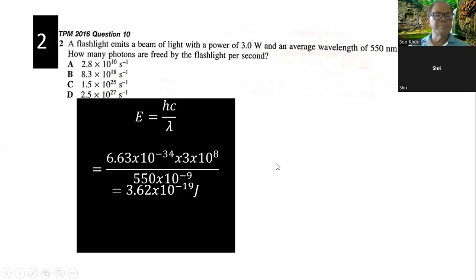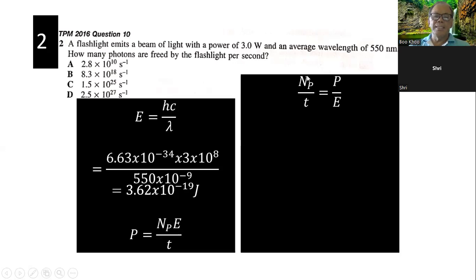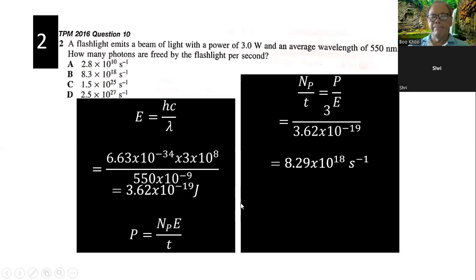Calculate the energy. Then use your P equals nE divided by t. You want number of photons emitted per second, or the rate. Okay. Just take the E down. Your P is 3. Your E is there.